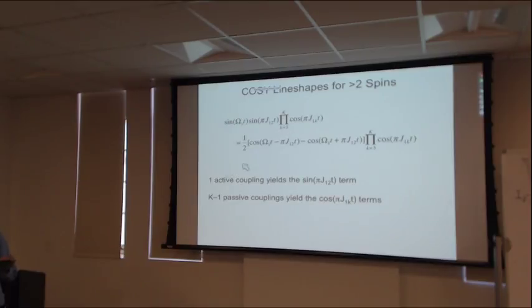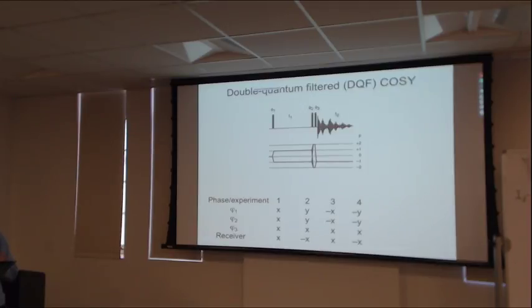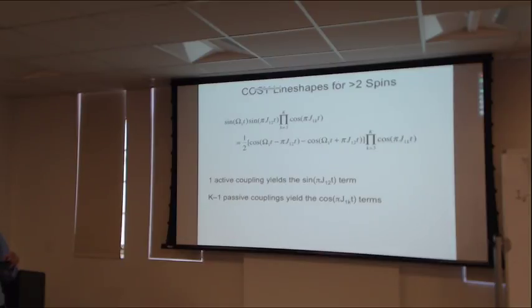Our rule will be that the active coupling is an antiphase line shape, and each of the passive couplings gives an in-phase line shape. Then we can go through, just like we did the other day, and work out the line shape pattern by taking combinations of the in-phase and antiphase.